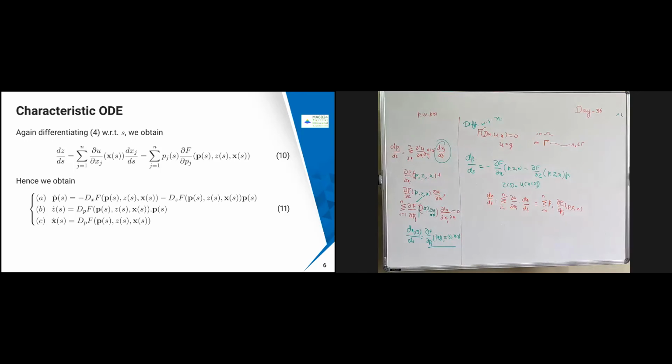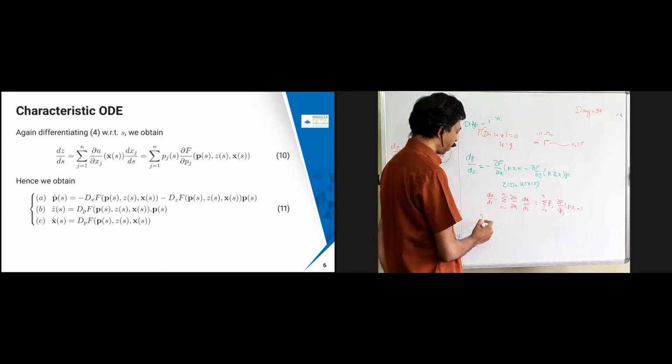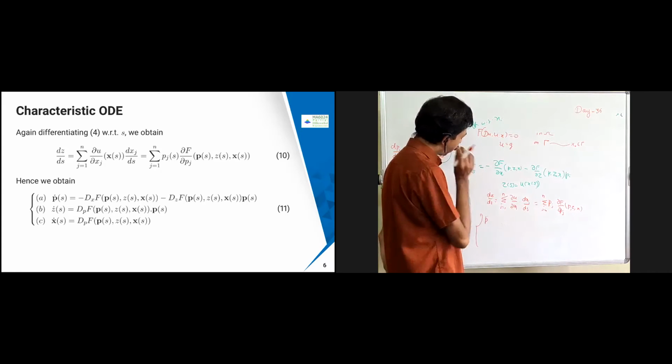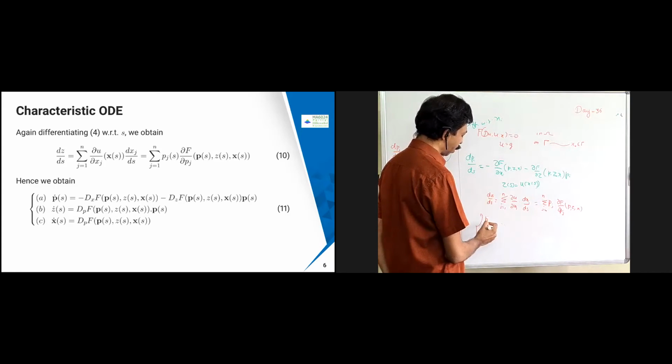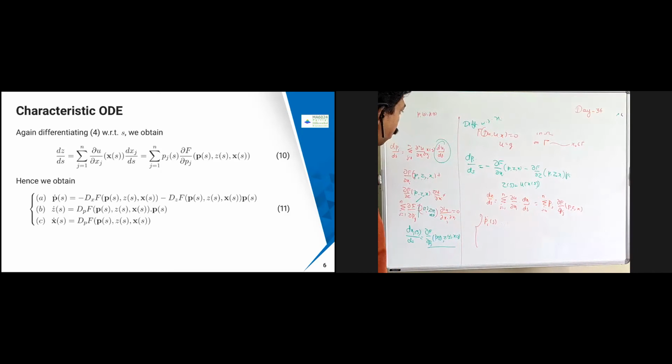So if I compare that, I am going to get three equations. One is p of s. I can write p_i of s, or simply p of s, because for each component I have it.